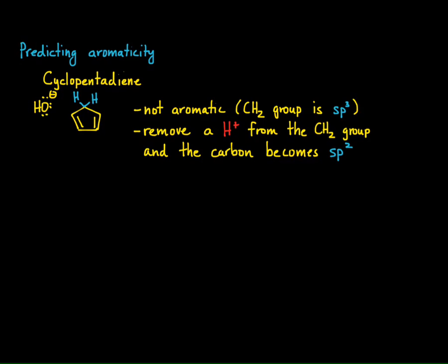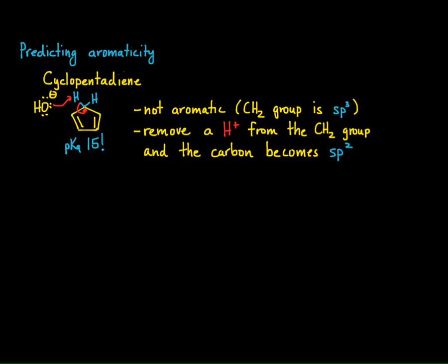So if I take a base and abstract a proton, where the electrons go to the ring, I should in theory be able to make something that at least is cyclic and conjugated, right? Because that carbon is sp2 hybridized now. And so it should be pretty easy to remove that proton.